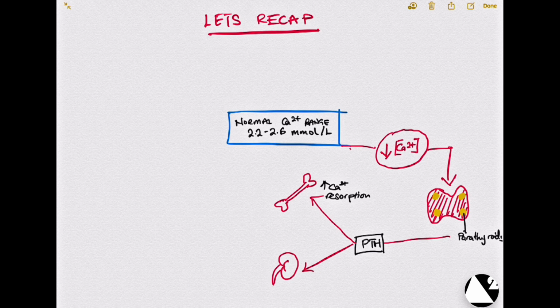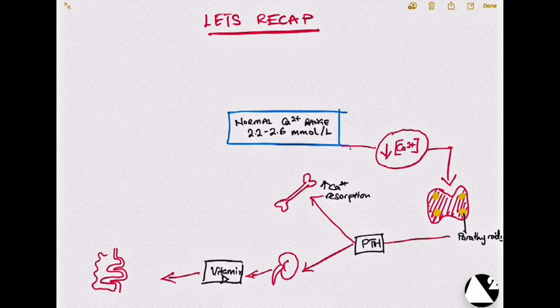In the kidney, the parathyroid hormone stimulates the production of 1-alpha hydroxylase, which in turn converts calcidiol to calcitriol. Calcitriol stimulates calcium uptake from the GI tract into plasma.